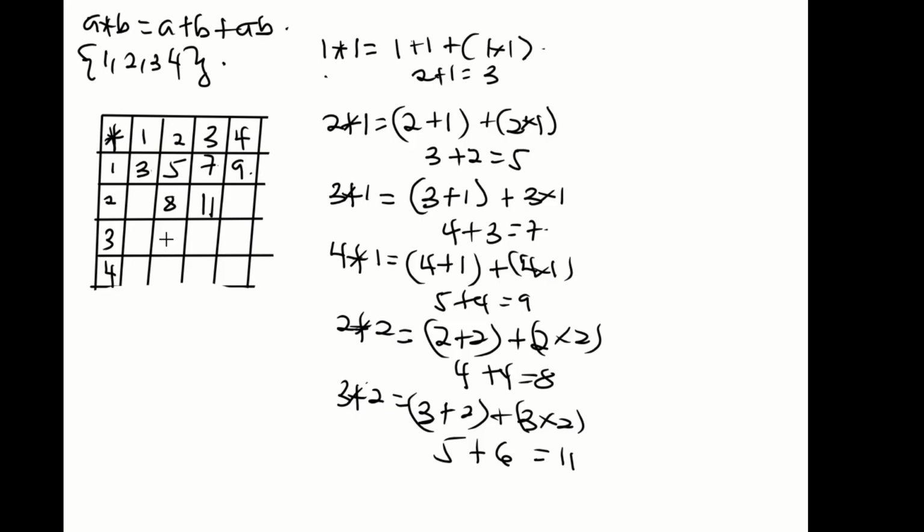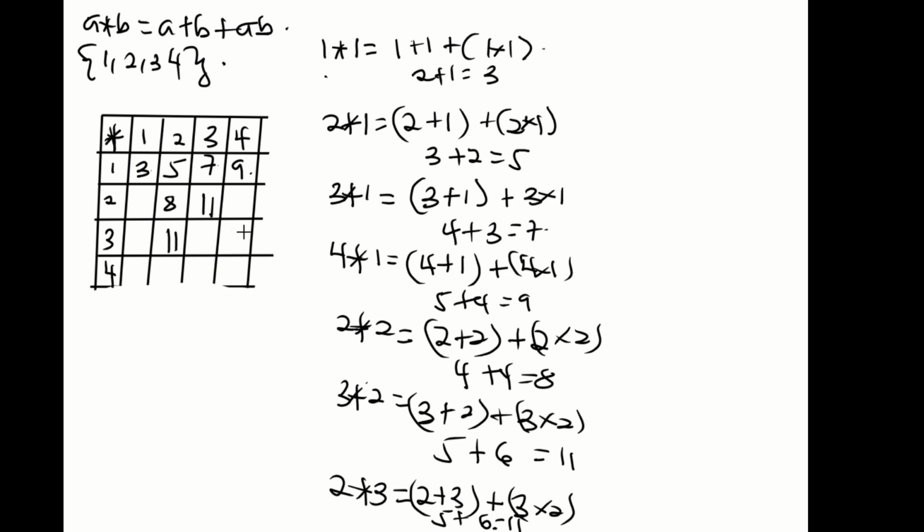Let's find 2 operation 3. 2 operation 3 is 2 plus 3 plus 3 times 2, which is 5 plus 6, the same as 11. So 3 operation 2 and 2 operation 3 are both 11.